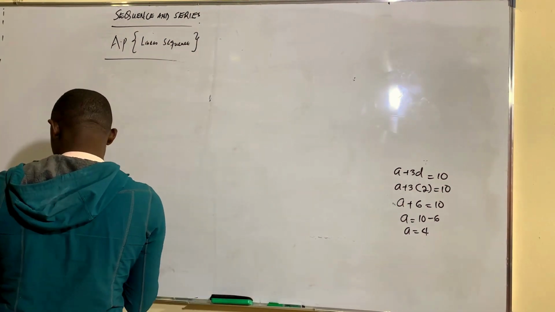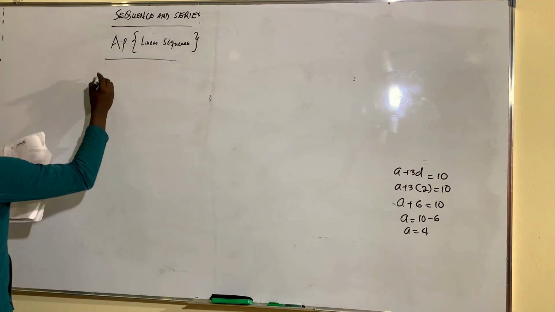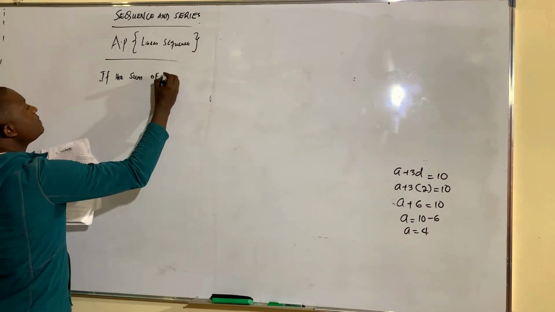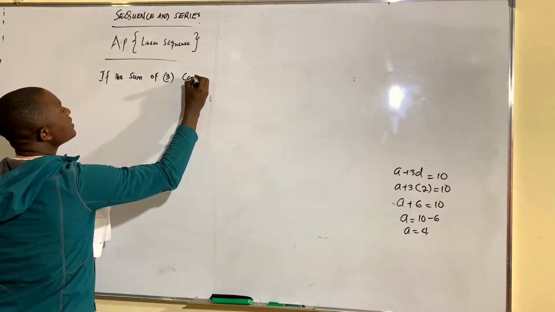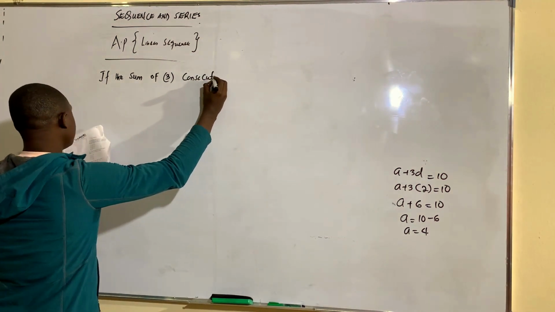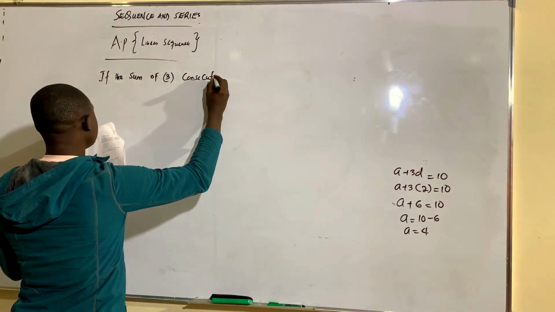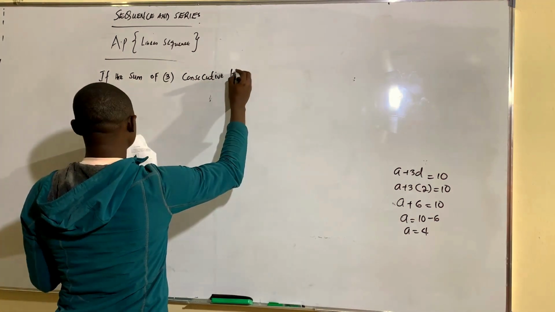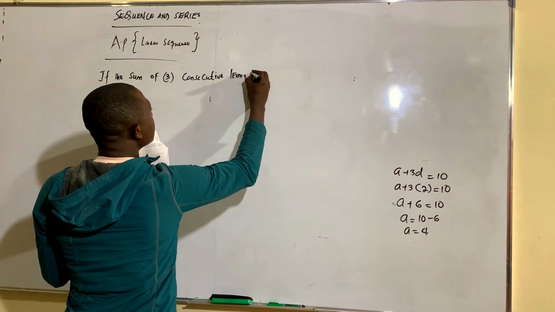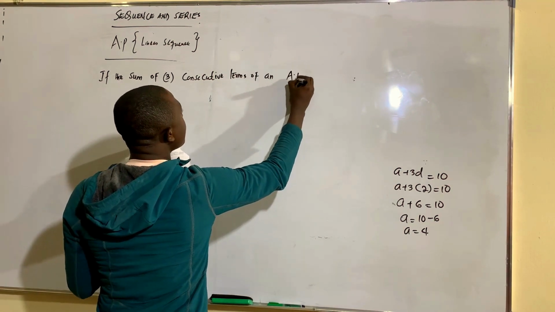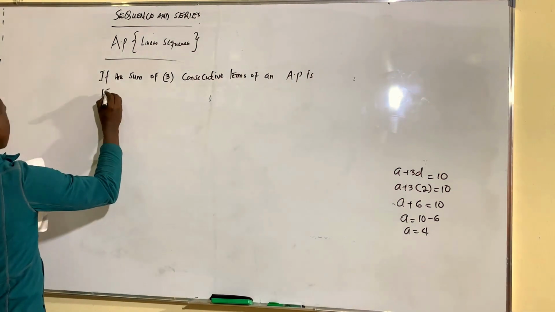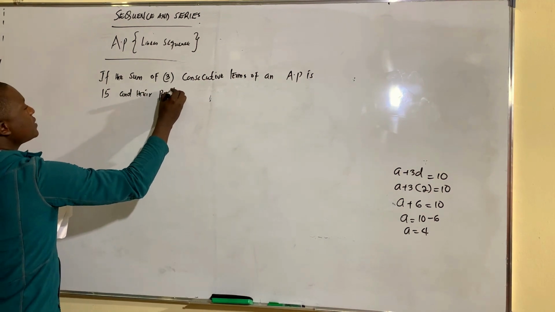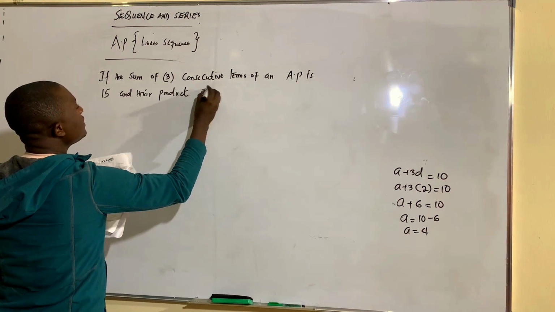The question says that if the sum of 3 consecutive terms of an AP is 15 and their product is 80.